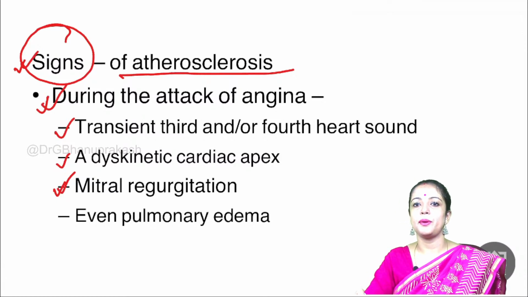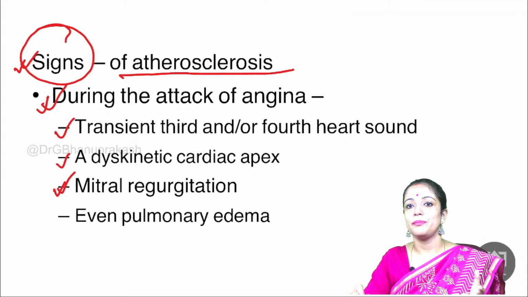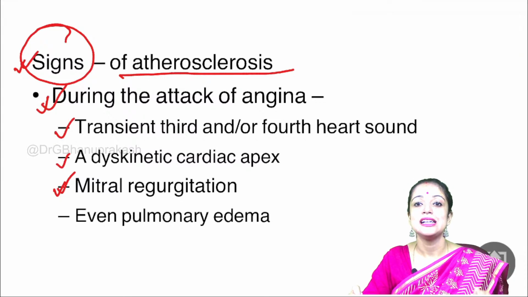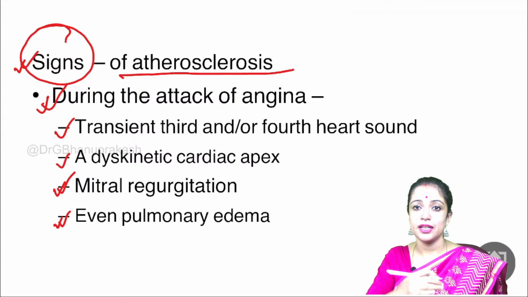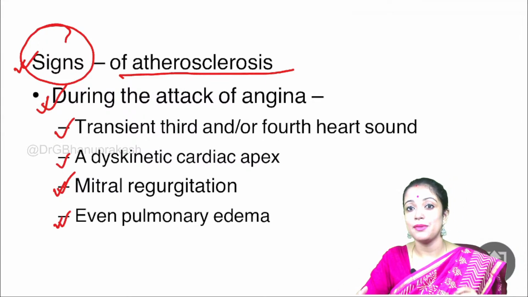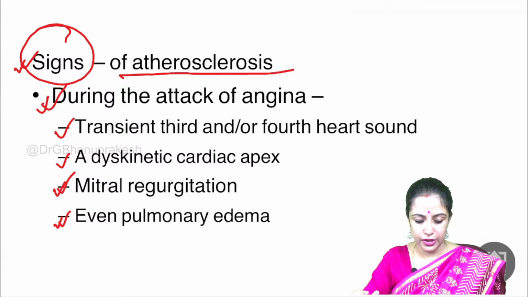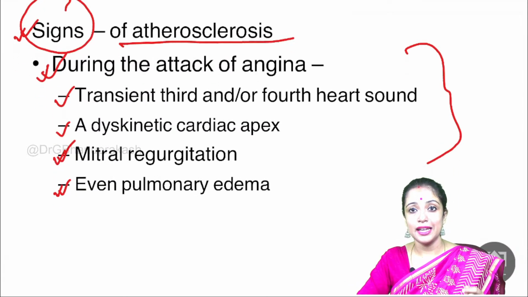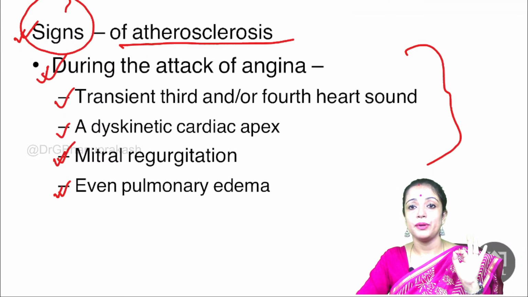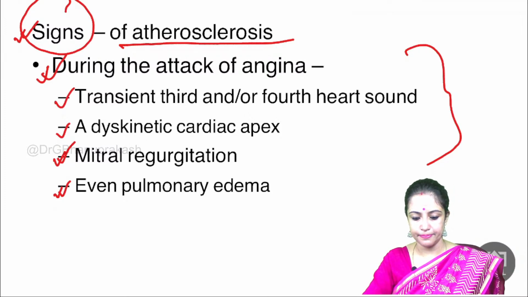If there is ischemia of the papillary muscle, then there will be features of mitral regurgitation, that is the development of a systolic murmur in the apical area or mitral area. Even sometimes in severe cases, the patient may have frank pulmonary edema, and we will get physical signs of pulmonary edema. So these are the few signs we may get. But again, I said the patient may be normal on examination of the cardiovascular system.